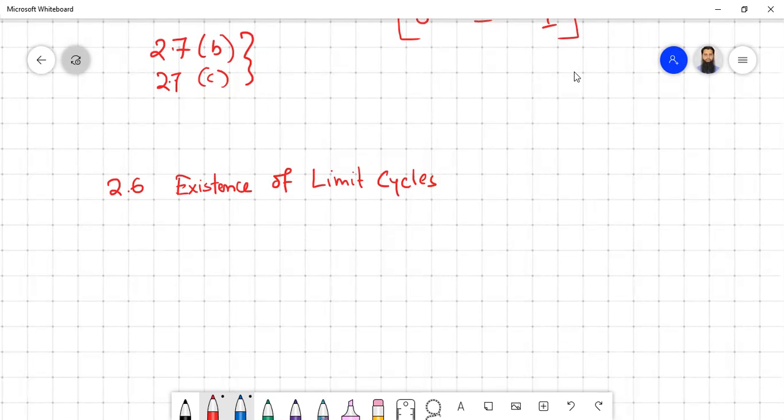There are three theorems. The first theorem is related to the number of singular points or equilibrium points with respect to the number of saddle points.